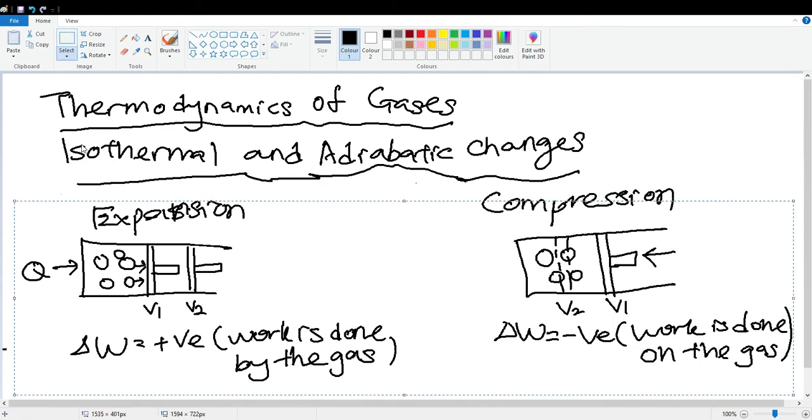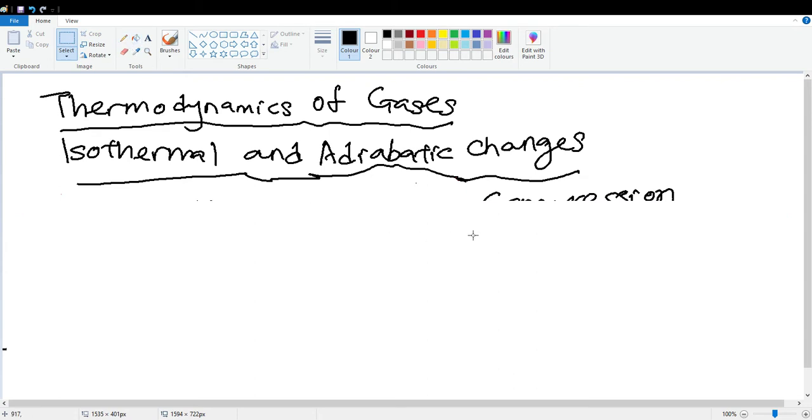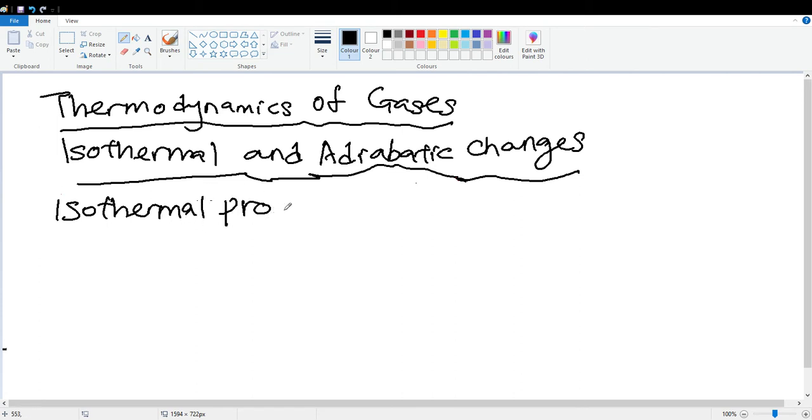Okay, let's go through the isothermal process. For the isothermal process, we know that it is the condition of constant temperature.